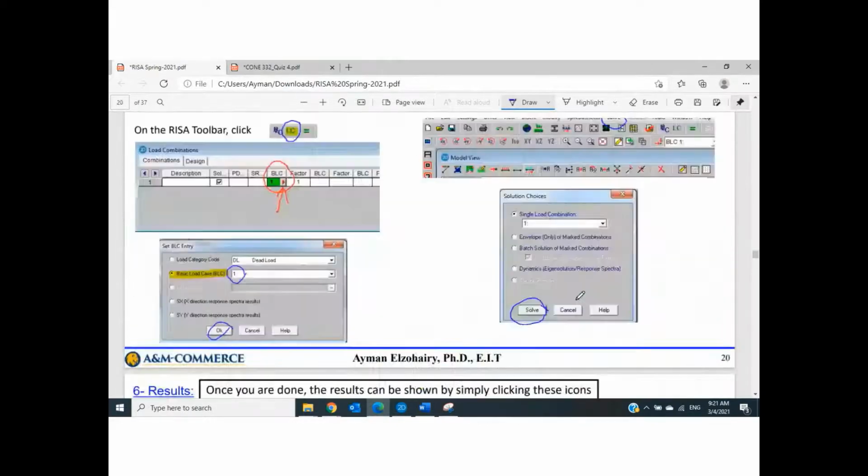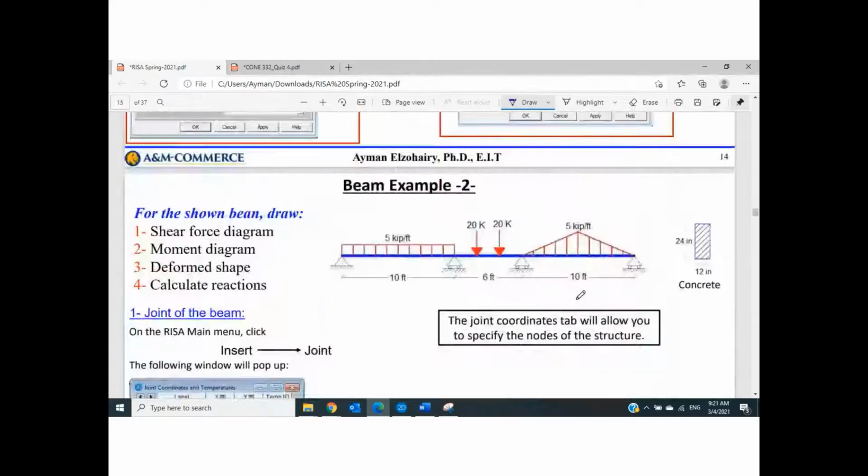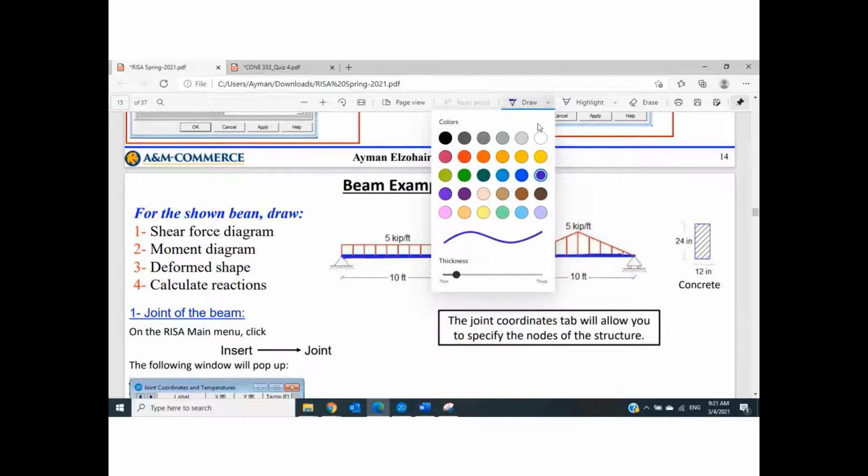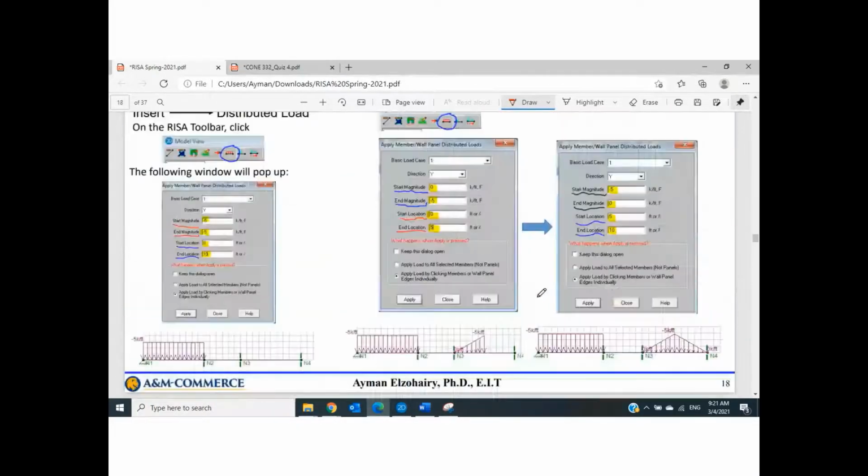But in previous problem in beams, if you remember it, everything in X. We don't have anything in Y. Everything in X. So if you put here X and put Y, most of the time coordinate Y is 0. But we have an X at 10, 0 at 10, 16, and 26. Anyway, any question, guys, so far?